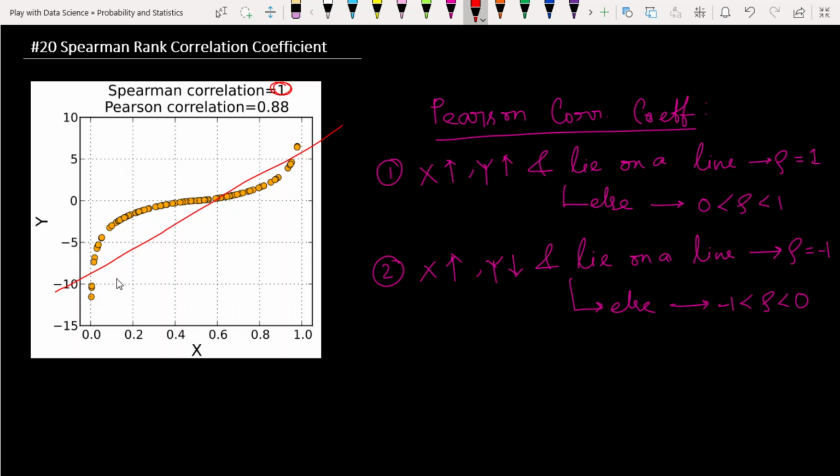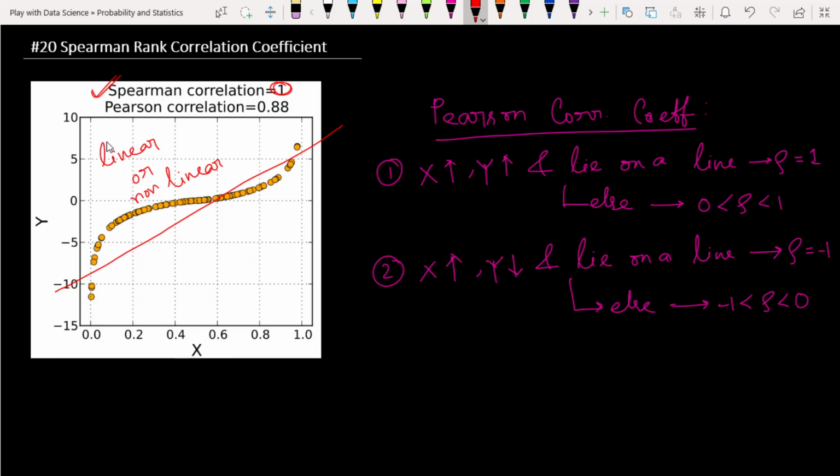For non-linear data, it does not depend on whether it is linear or non-linear. It does not matter for the Spearman correlation. That's the main advantage, while Pearson works only on linear data.